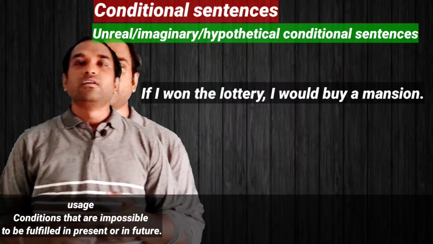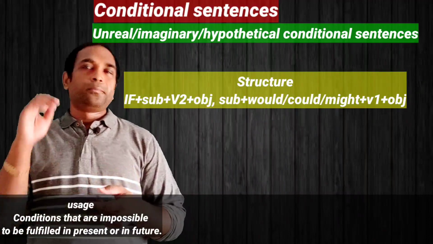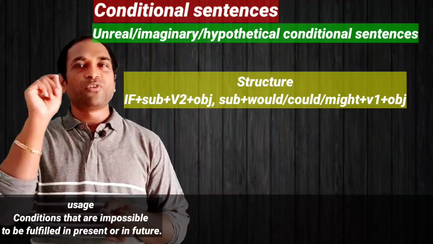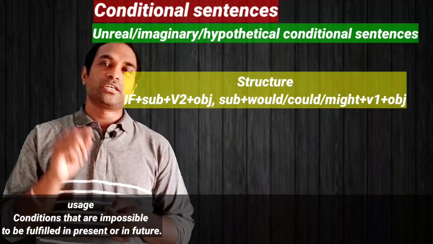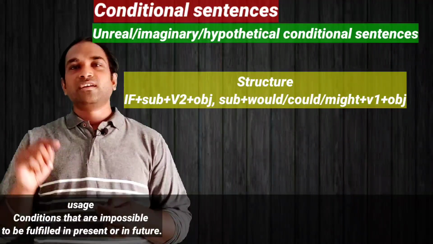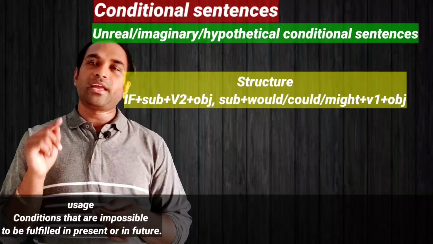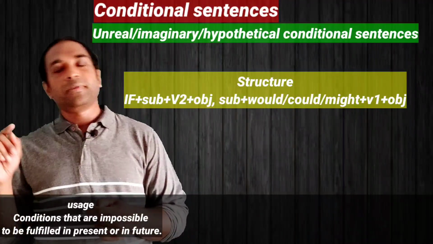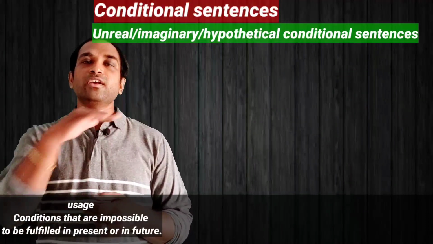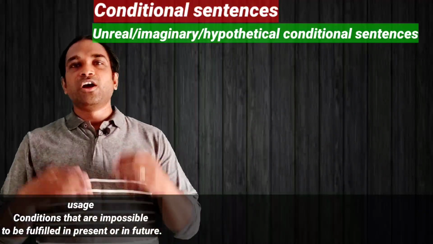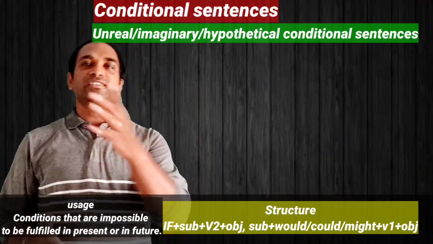Let us see the structure. If plus subject plus verb form 2 plus object, comma, subject plus would or could or might plus verb form 1 plus object. So this is the structure of an imaginary conditional sentence.